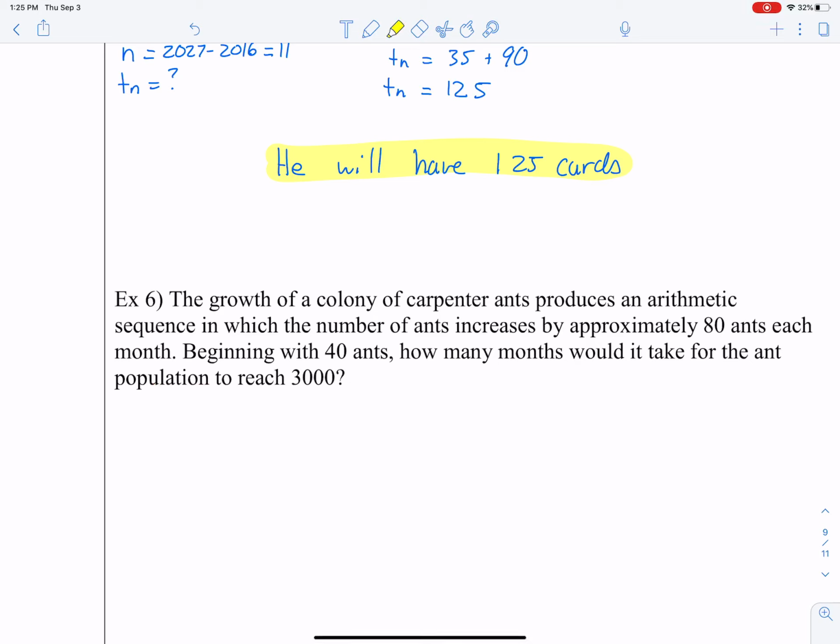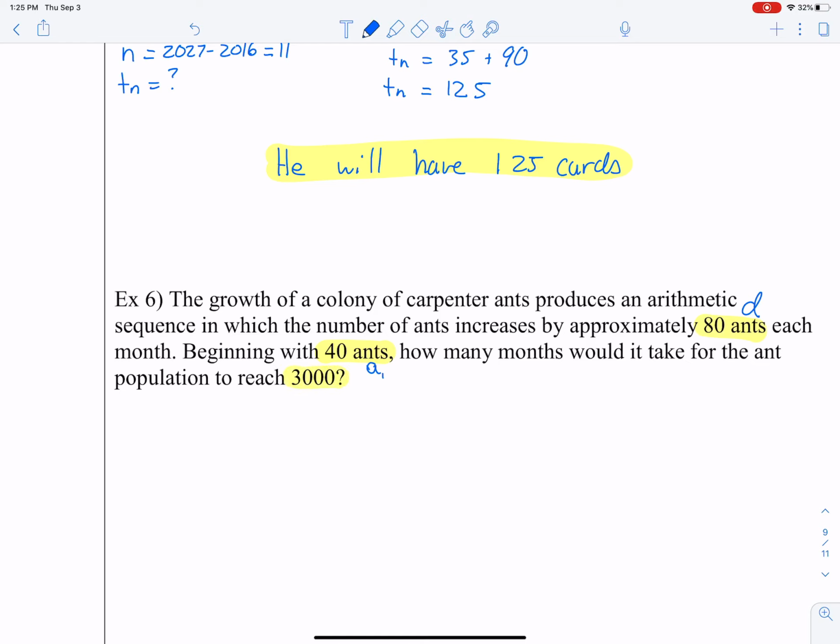So it's saying that it increases by 80 ants, so that's telling us that's our D. It begins with 40 ants, so that's our A. And how many months would it take for the population to reach 3,000?